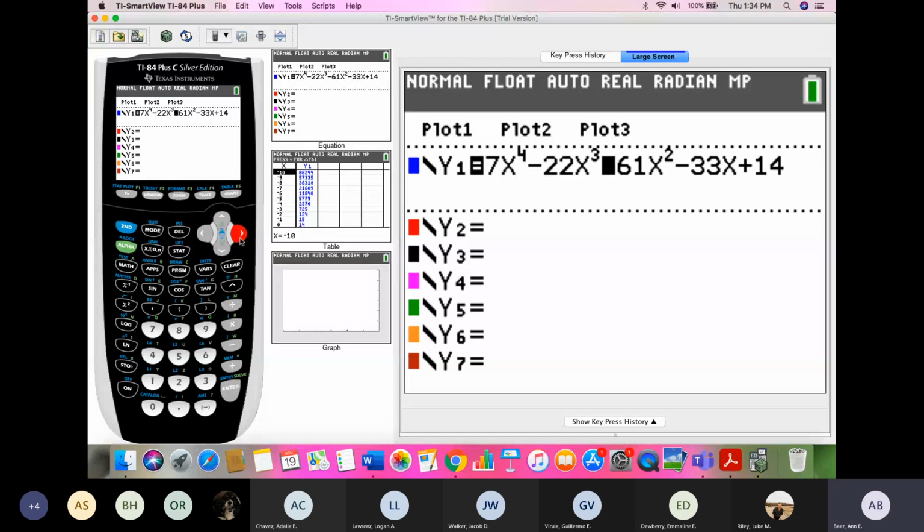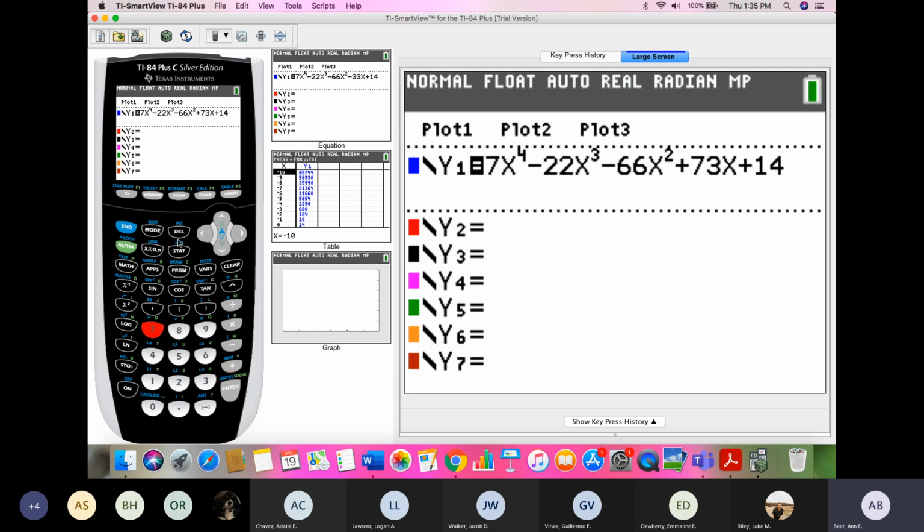And then after the x cubed term, I have minus 66x squared. So I want to change that to a 6 and move along. And after the x squared, I want that to be plus. And then we actually just want 7x. So let me type a 7 there.